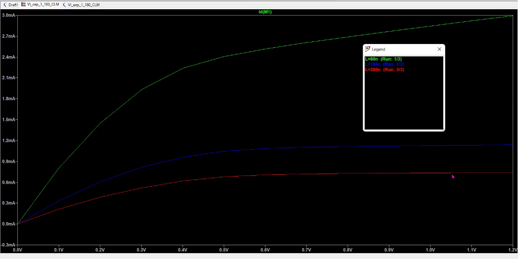Or they can ask, as channel length increases, what happens? R out increases, right? Because R out, if you remember, so that's how they can ask you the question. Okay, so for a constant current source, you can see that the channel length has to be high.